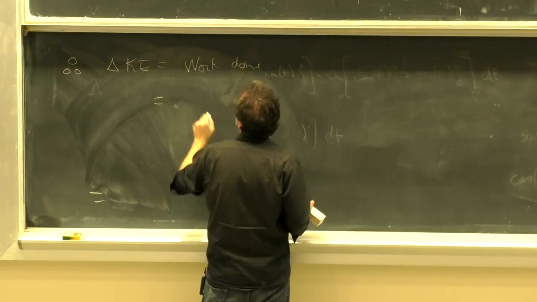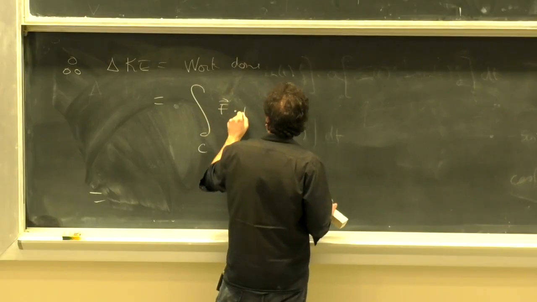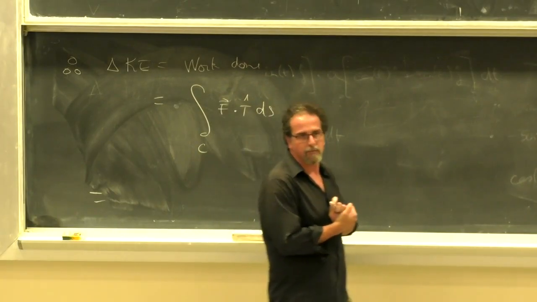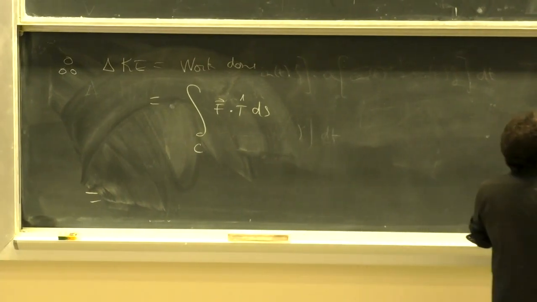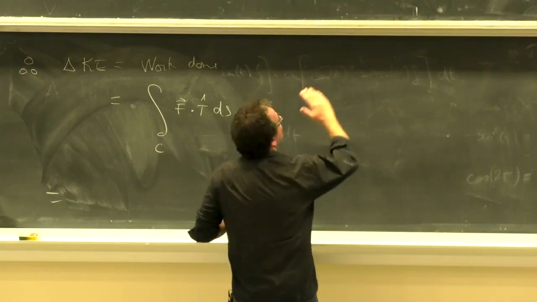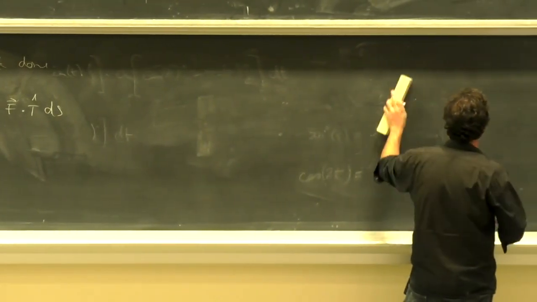And that's equal to the integral over the curve of F dot T hat ds. That's what we showed. That was the whole section on work. So that's fine and dandy. That's kind of nice.